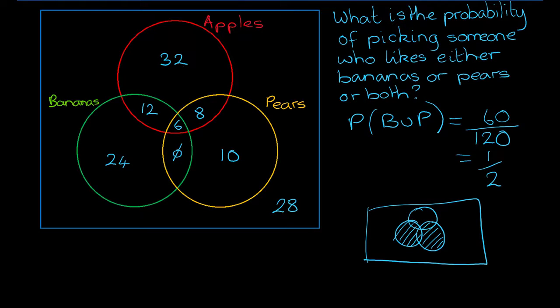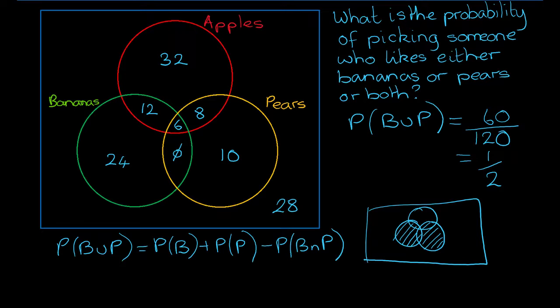If you weren't using a Venn diagram, you'd need to use this rule. So the probability of B union P is the probability of B plus the probability of P minus the probability of B and P. Why do we have to take that off?